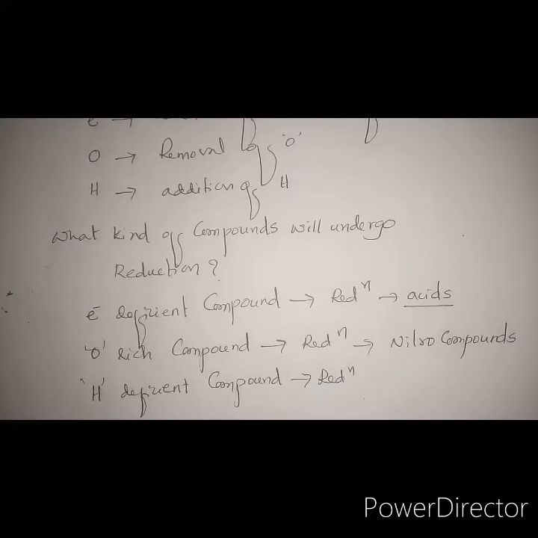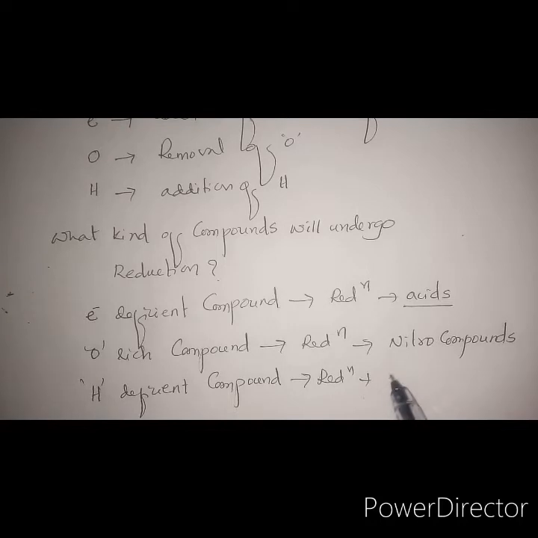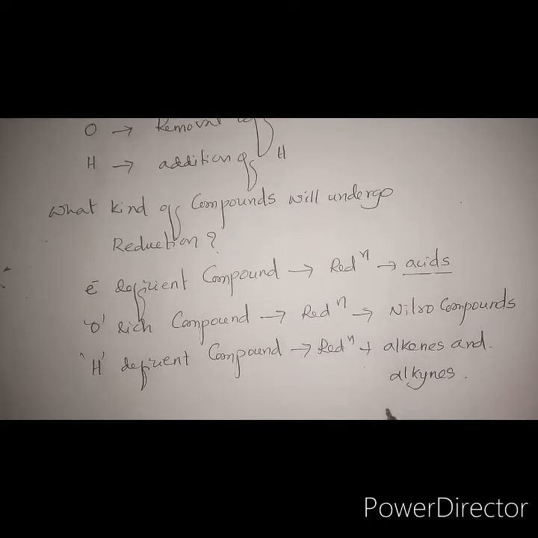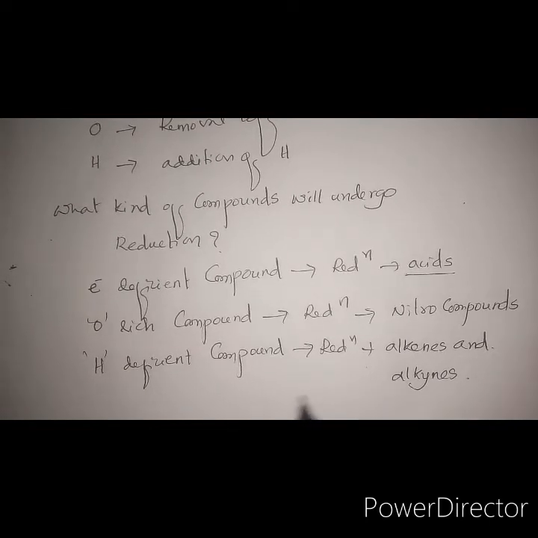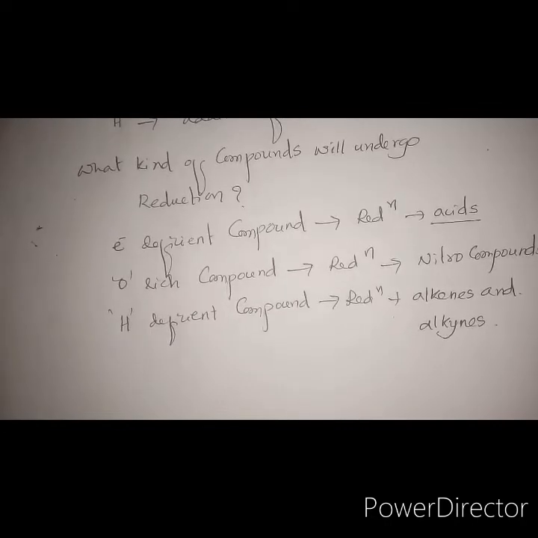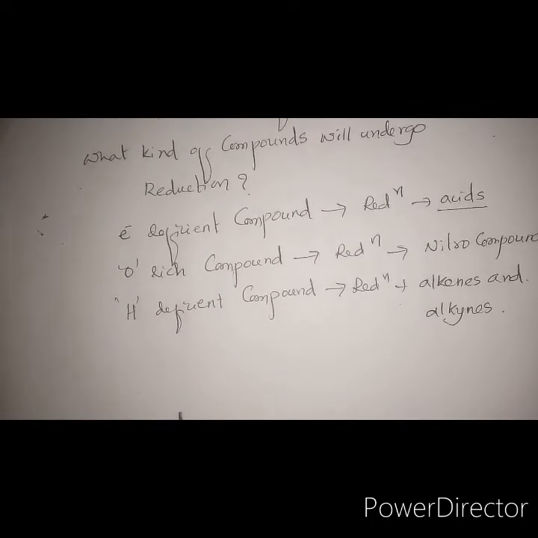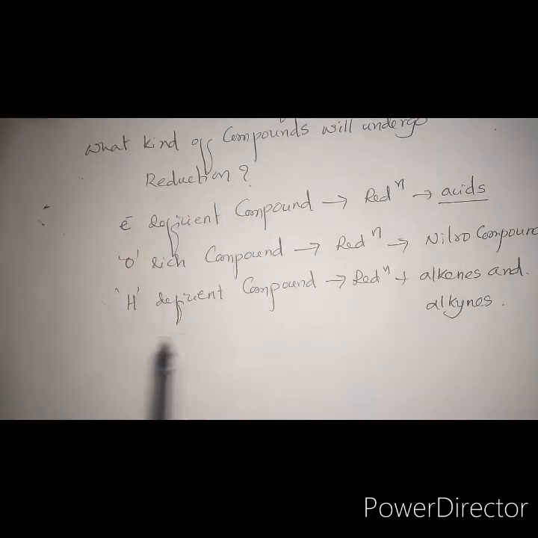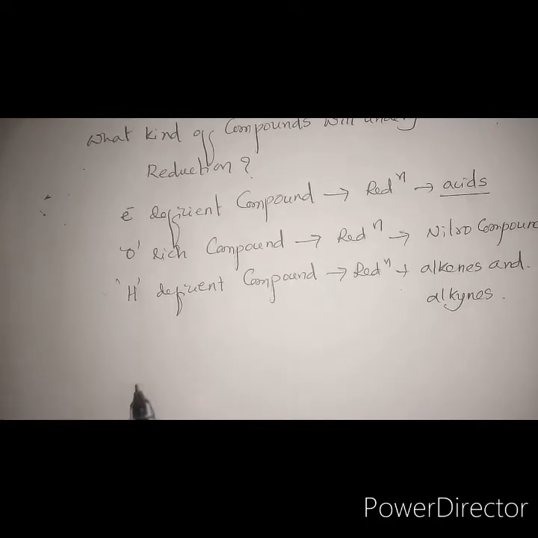A hydrogen deficient compound is alkenes and alkynes, which will undergo the hydrogen addition reaction. That is what we call reduction in terms of hydrogen. So these are the compounds that will undergo reduction reactions: those lacking electrons, oxygen rich compounds, or those lacking hydrogen.